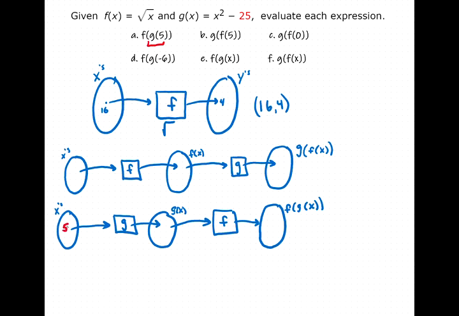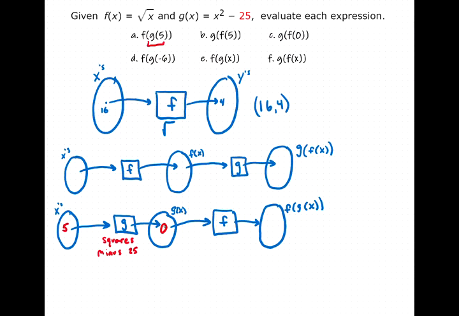Now the g function takes that input and first squares the input, that's x squared, and then subtracts 25. So the g function is x squared minus 25. So the 5 goes in, it's squared, you get 25, and then subtract 25 from that, you get 0.